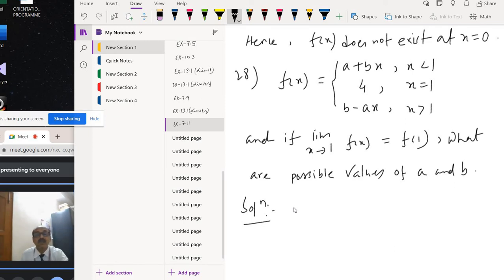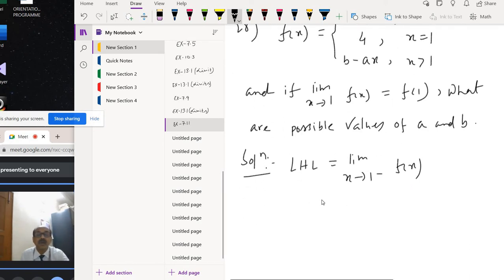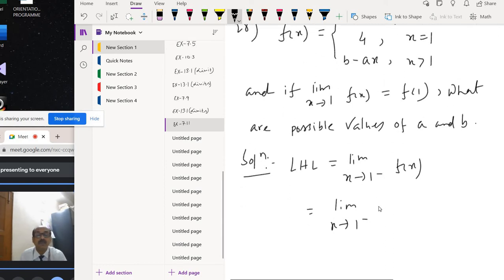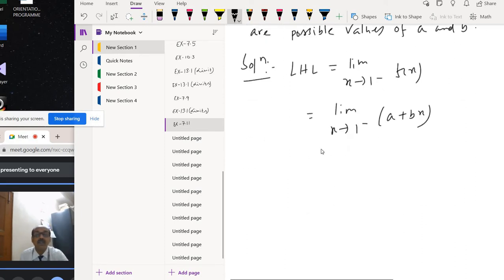So first find the left hand limit, equal to limit x tends to 1 minus f(x). Now this equals a plus bx, which at x equal to 1 is equal to a plus b into 1, that is a plus b.